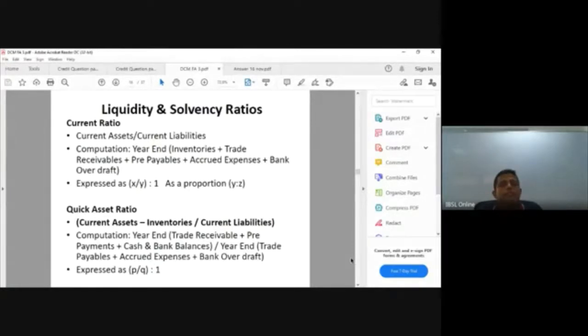Under current assets, you have to take the inventories and trade receivables, meaning debtors. Under current liabilities, you have to take the accrued expenses, bank overdraft, and creditors, right? Under this, if the current liability is 1, what is the current assets proportion?